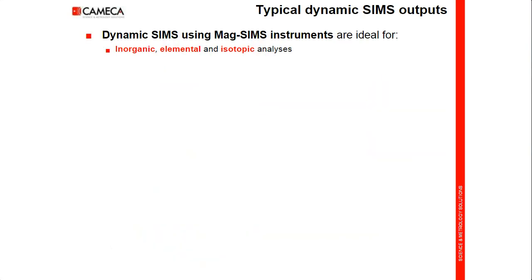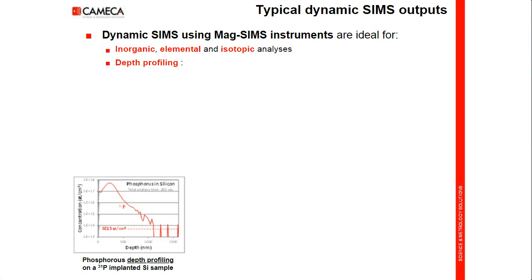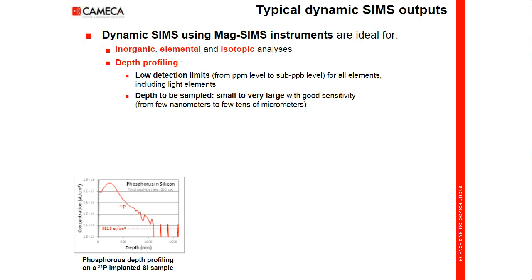Dynamic SIMS using magnetic sector SIMS instruments are well adapted for elemental and isotopic analysis in inorganic materials. Dynamic SIMS is ideal for depth profiling when low detection limits are required, including for light elements. When the depth to be sampled is very large and good sensitivity is required, the analyzed depth ranges from few nanometers to few tens of micrometers.